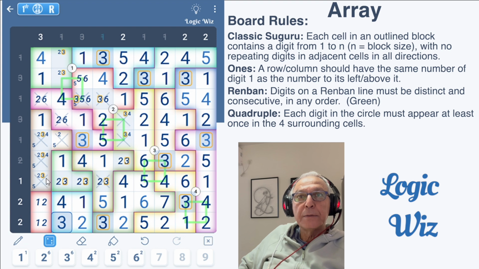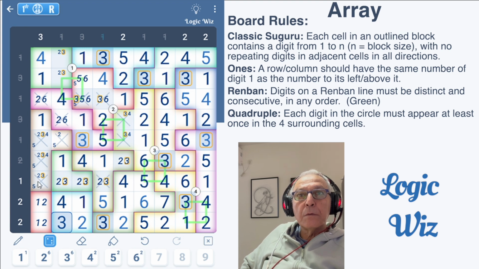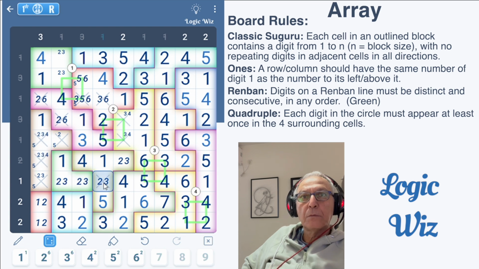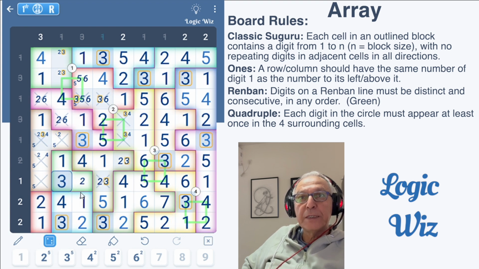Four and a 3. Oh, silly. This one has to be a 1 in order to satisfy the 2. This one is a 2. This one is a 3. This one is a 2. 3.